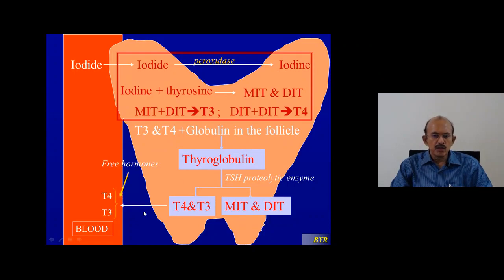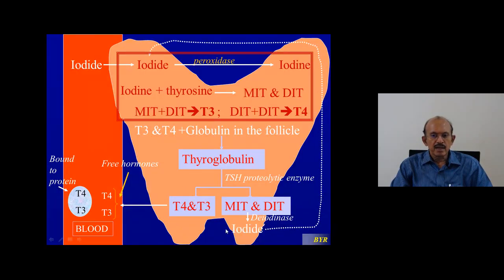T3 and T4 are released into the bloodstream, and there part of them are bound to the protein, and they are circulated in the bloodstream as protein-bound thyroid hormone. The free hormones are metabolically active hormones.